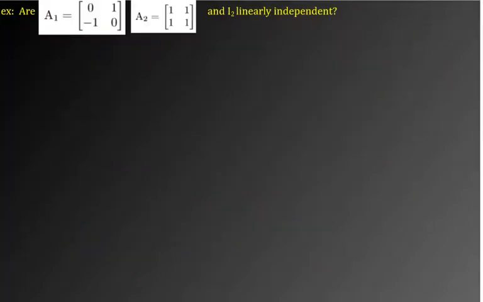So another important concept that we've talked about is linear independence and dependence. For those problems, what we basically did was we set the vectors equal to 0, and then we saw whether or not the C's were 0. If all the C's are equal to 0, then it's linearly independent.